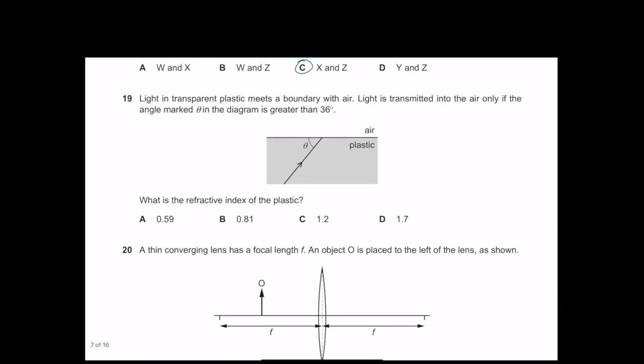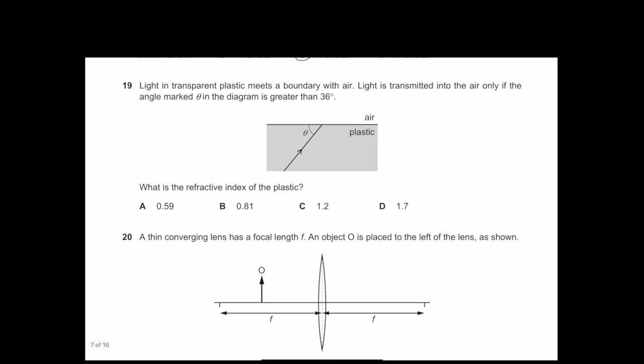In question 19, a light and transparent plastic meets a boundary with air. Light is transmitted into the air only if the angle marked theta in the diagram is greater than 36. Be careful, because this angle for you is nothing, it's just in the question. But this is not the incident angle, by the way. So what is the refractive index of the plastic?